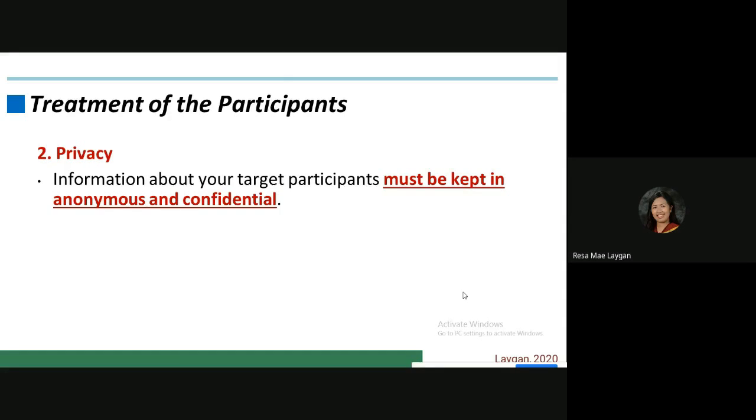Then unfortunately the questionnaires were left in the jeep. Then some bad person found your questionnaires and read them, and what if all the information is there, the name of the respondent, the age, the sex, where the respondent lives, the family income of the respondent, and what if the family income he put there is 10 million annually.